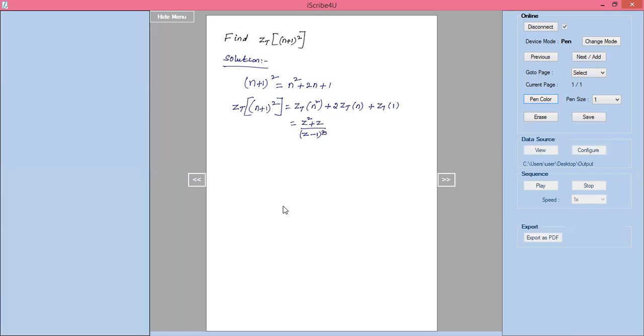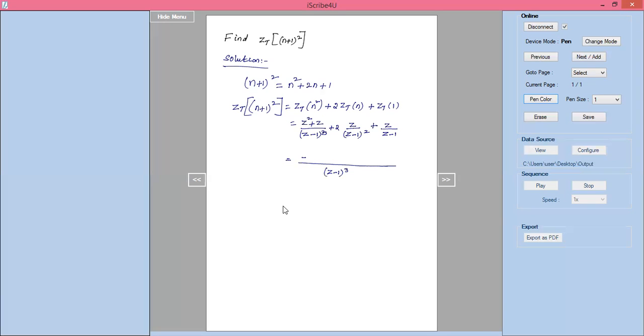Plus 2 into Z transform of n, which is z by (z minus 1) whole square. Next, plus Z transform of 1 is z divided by z minus 1. Now, if you take the LCM for this, you will get (z minus 1) whole cube.